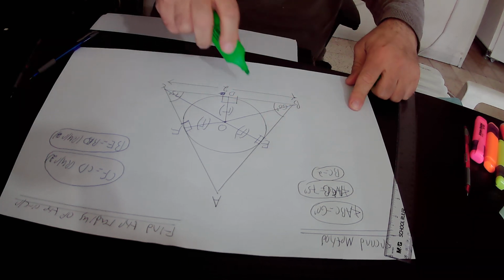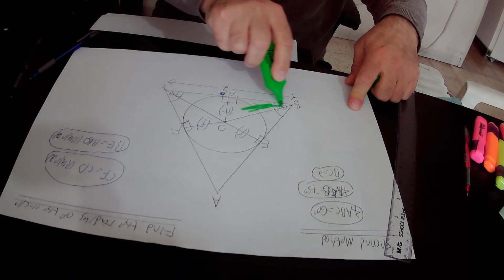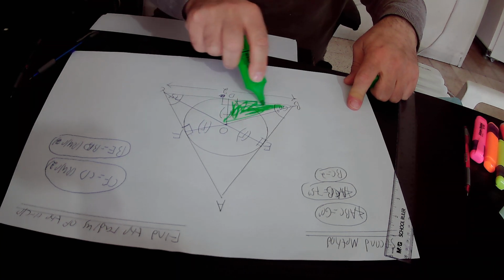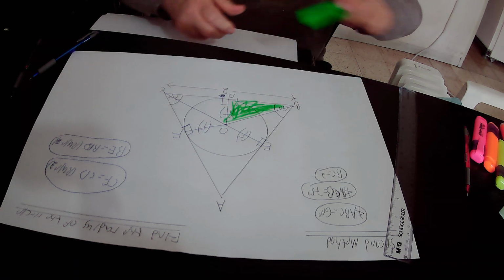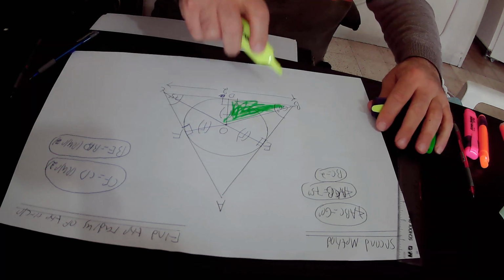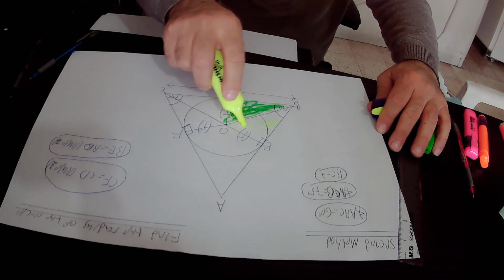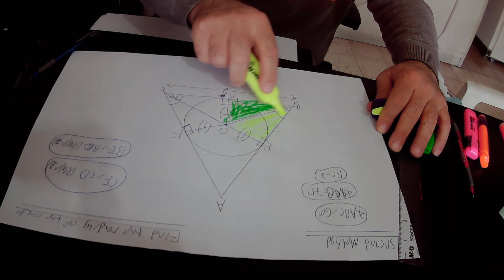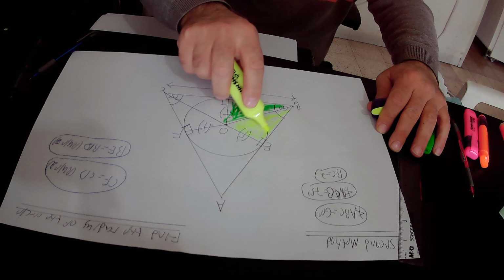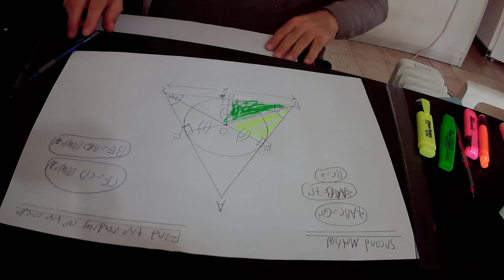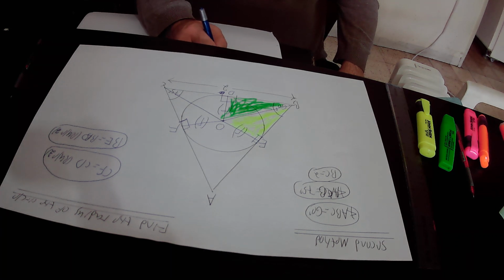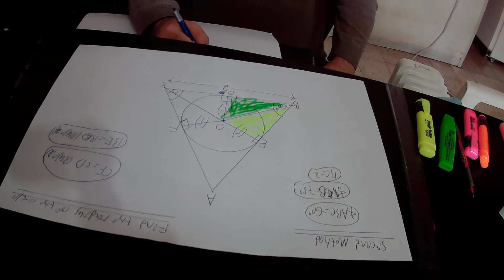That is to say, we prove that the green right triangle BOD is congruent to the yellow right triangle EOB. So write it down.